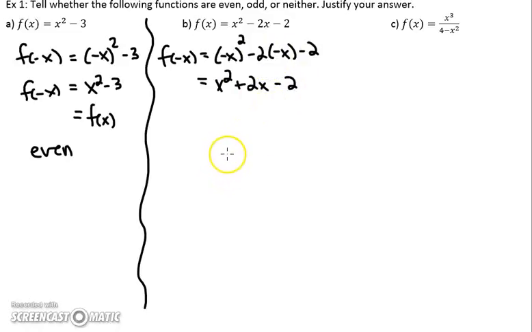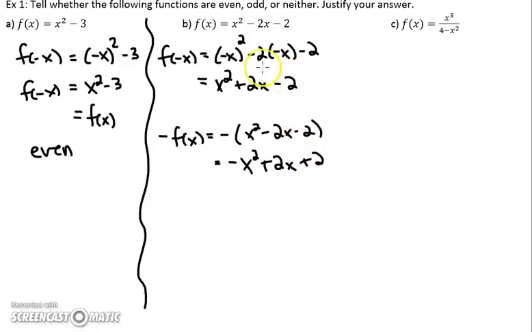So we know right now that it's not even, because it's not the same thing as we started with, because this is a plus 2x. If we think about what negative f of x is going to be, that's going to be negative 1 times what we started with. That's going to give me a negative x squared plus 2x plus 2, and that's not what we got here. So this is neither even nor odd.